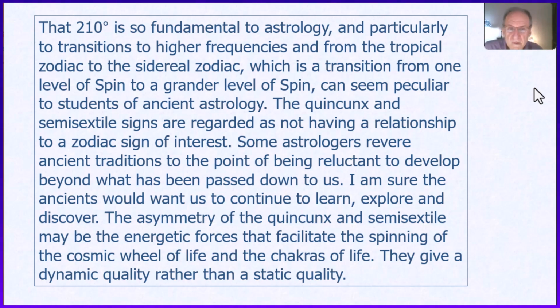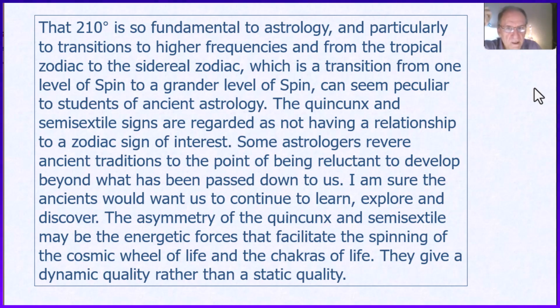So I wrote here the asymmetry of the quincunx and semi-sextile, that they don't divide into a simple triangle or square like the elements and modes. It may be that quincunx and semi-sextiles are the energetic forces that facilitate the spinning of the cosmic wheel of life and the chakras of life.